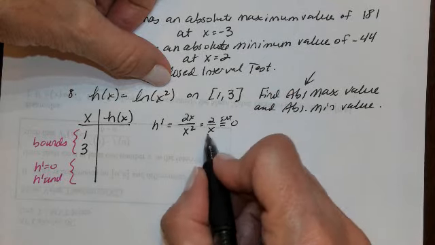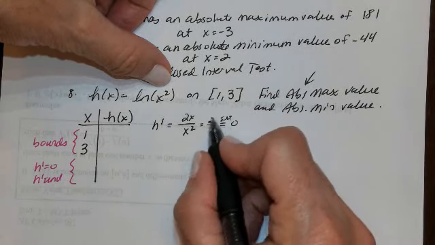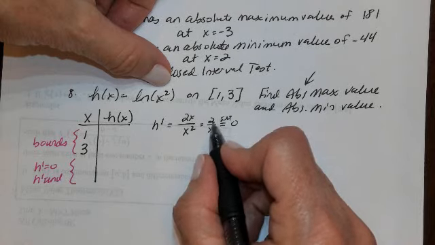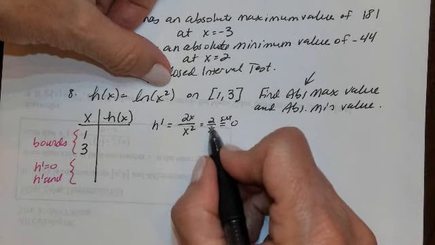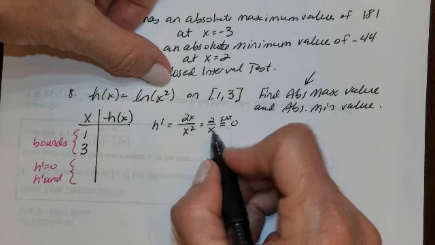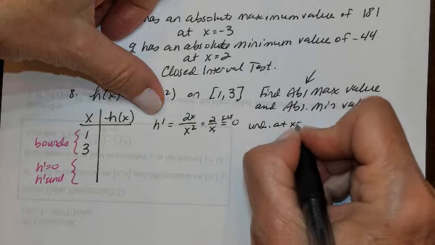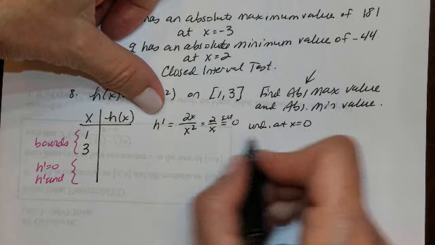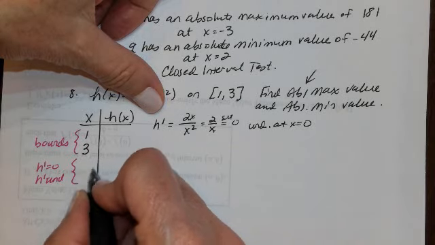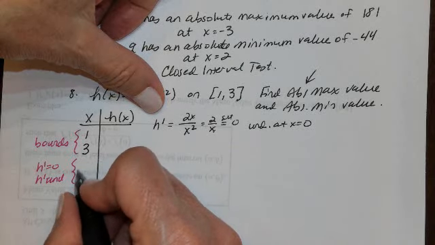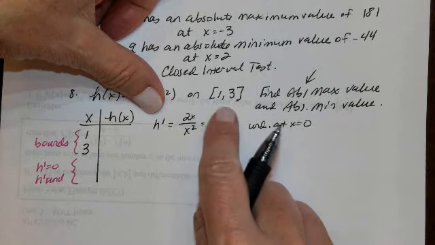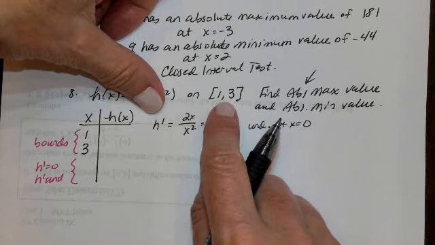Alright? Now, before we solve this for 0, I'm going to get my values of x that make this undefined, right? And x equals 0 makes it undefined. Undefined at x equals 0, right? Normally, I would come over here and put 0 right there. Why don't I do it now? Because 0 is not in my interval, is it?